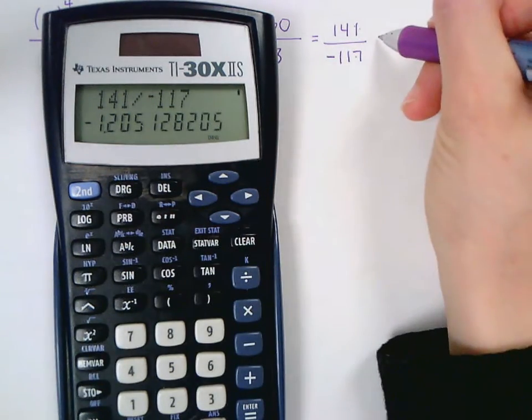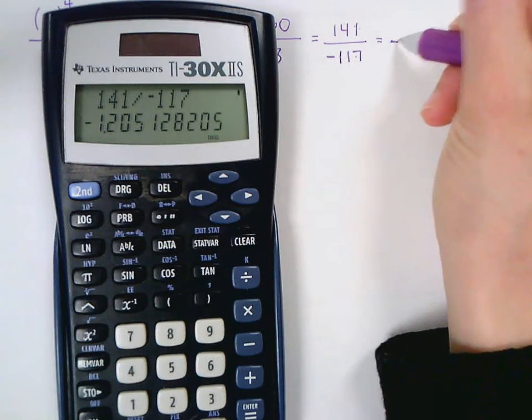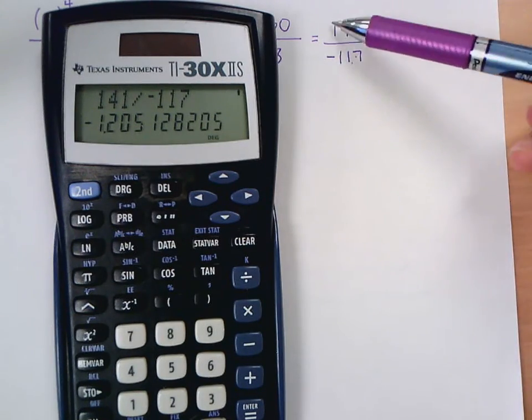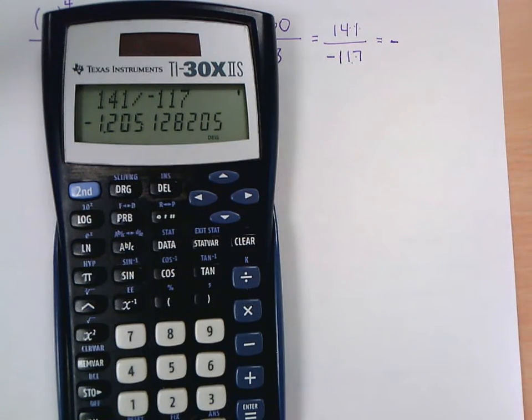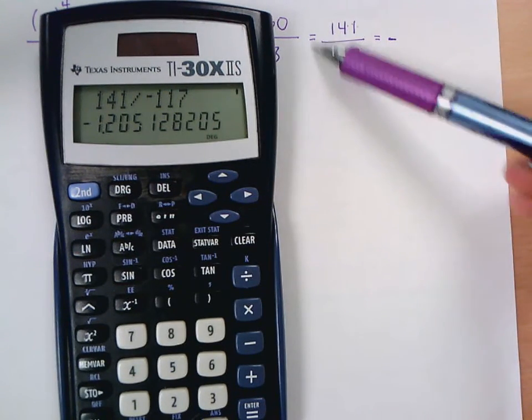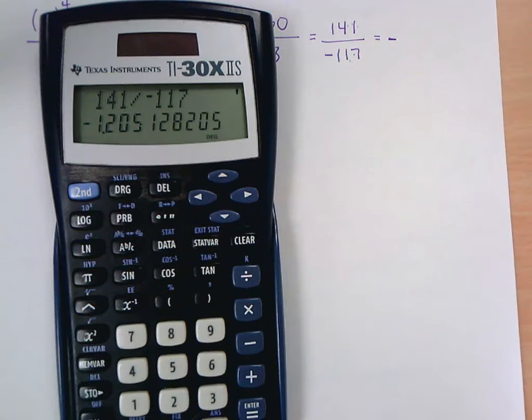So you could write this with the negative symbol in front of the entire fraction. If there was a negative on the top and the bottom, those would cancel out and it would be positive. I could also put the negative symbol on the top instead of the bottom. It just means it's negative.